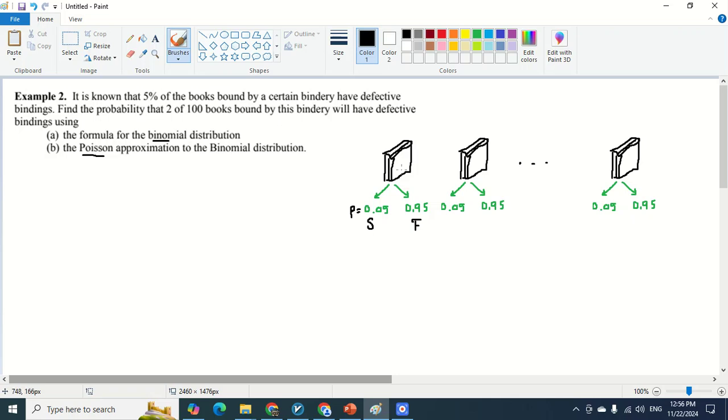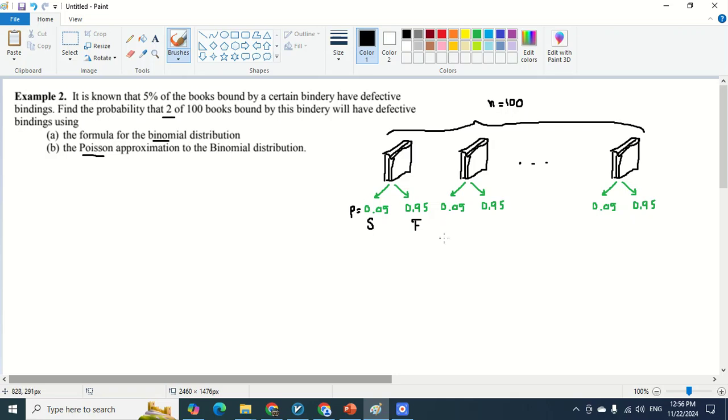Out of 100 cases, so the number of trials n is equal to 100, we want to know the probability of having two defective books out of the 100 cases that we have.